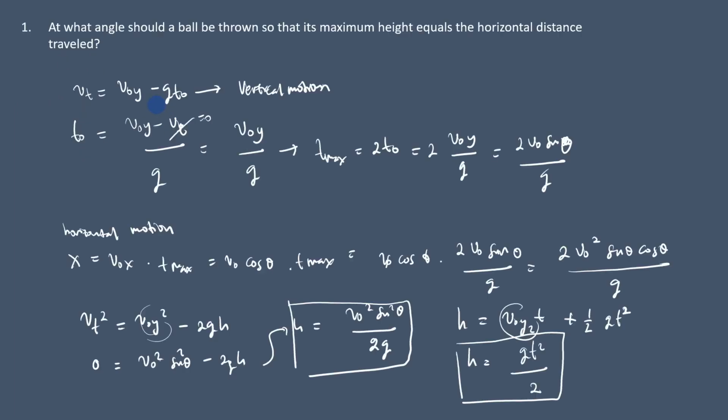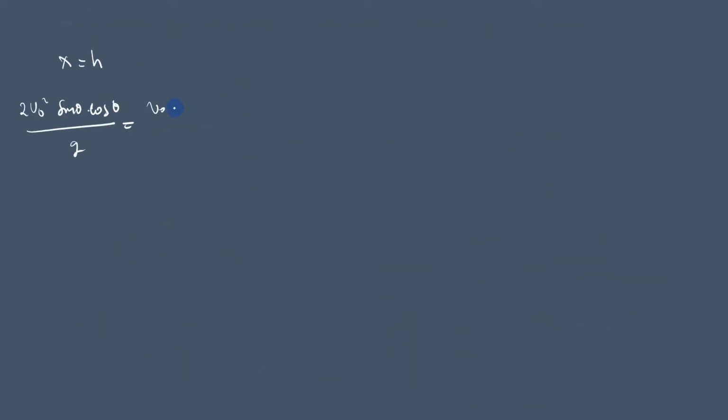We can write it again like this: 2 times Vo square sin theta cos theta divided by g equals h, which is Vo square sin square theta divided by 2g.